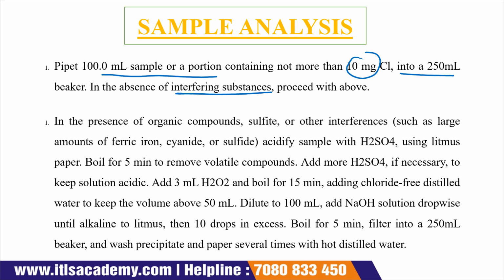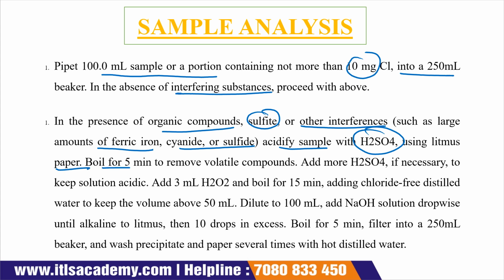Okay, so how do you remove all the interfering substances? By using the reagents that we already discussed in a previous slide. Now, in the presence of organic compounds, sulfide or other interference, that is, a large amount of ferric cyanide or sulfide, acidify the sample with concentrated sulfuric acid using litmus paper.